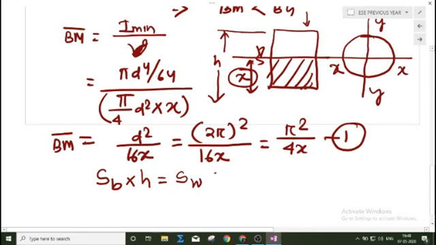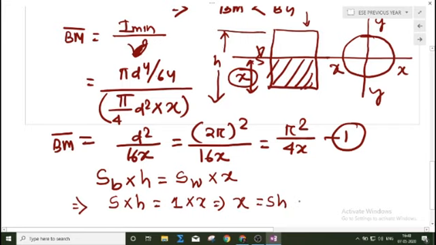Here water is the fluid, into the depth of immersion. So specific gravity of the body is s, so s into h will be equal to specific gravity of the water, which is 1, into this x. So x will be equal to s into h. Let this be equation 2.